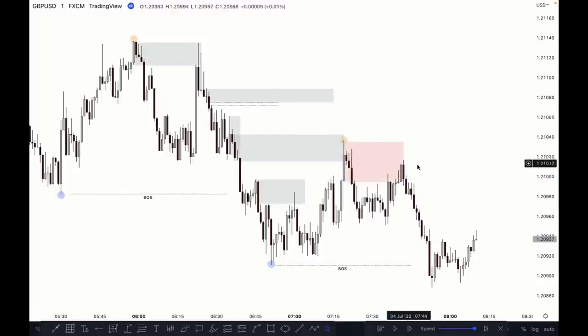So where is the next zone? The next zone is here, this candlestick, the last buying candle before the sell, which is already mitigated by this move. So this is also not valid. Where is the next candle?